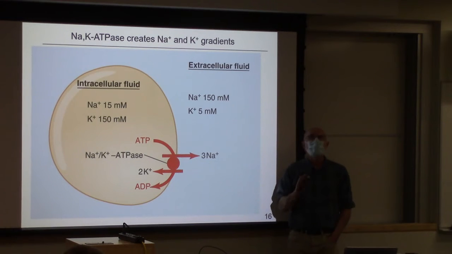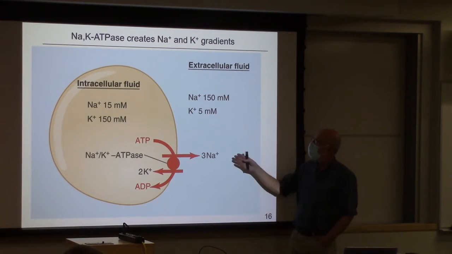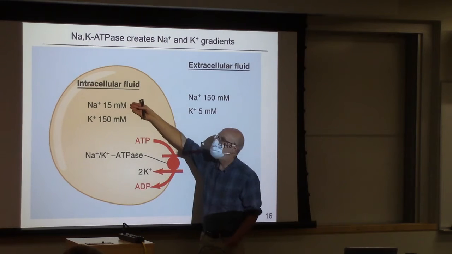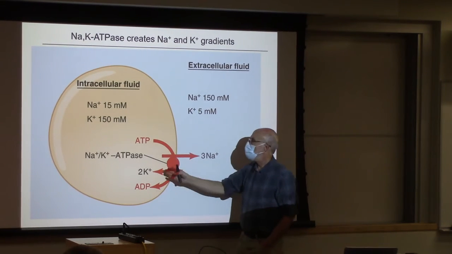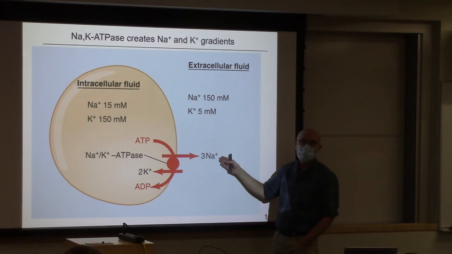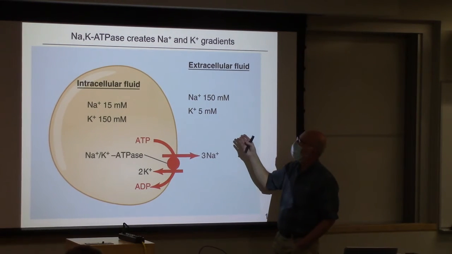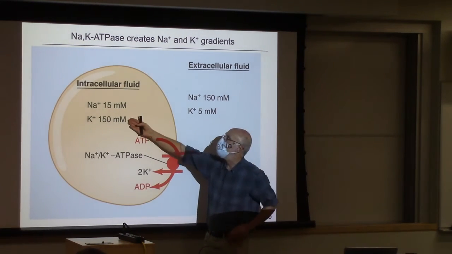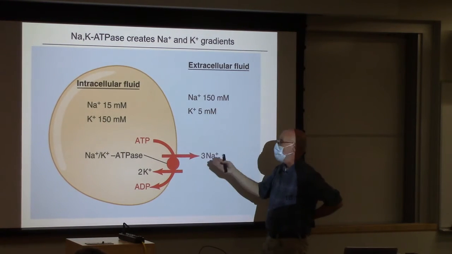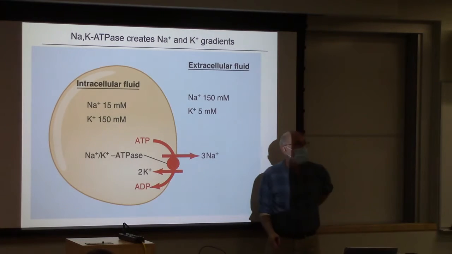This is true, every single cell in your body does this. So what this does is it means that the sodium concentration is high on the outside and low on the inside because this ATPase pumped sodium out. And the potassium concentration is high on the inside and low on the outside because the ATPase pumped the potassium in.